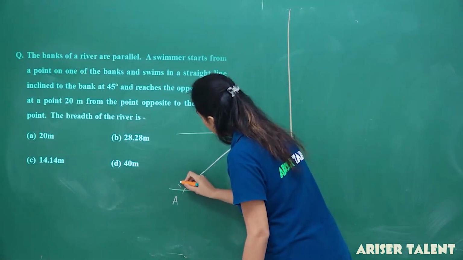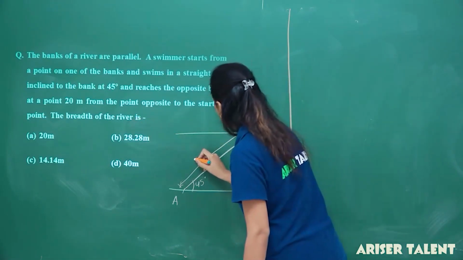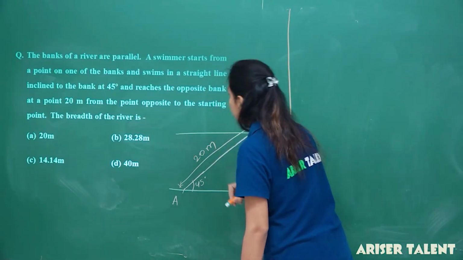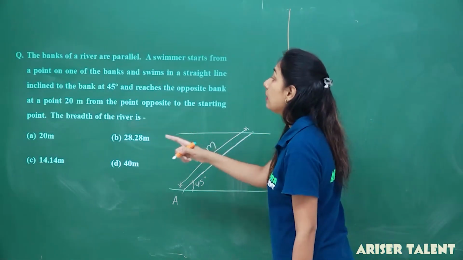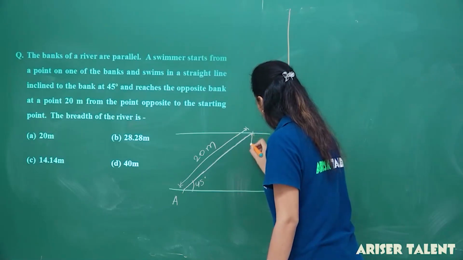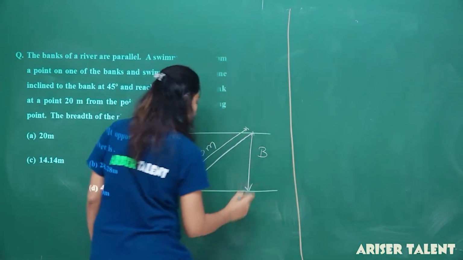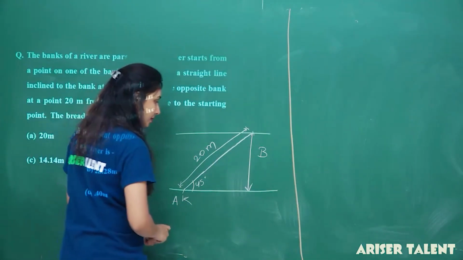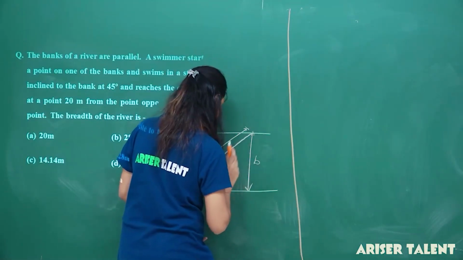And this length is what is given? It has covered a distance of 20 meter, right? From the point opposite to the starting point, the breadth of the river. Now, the breadth of the river is this, which is B. Let's call it small b so that we will not be confused.